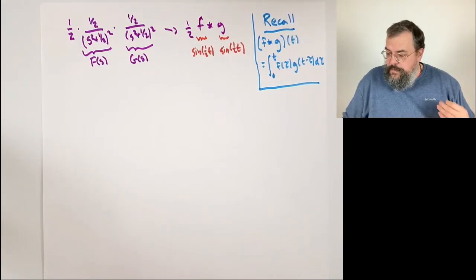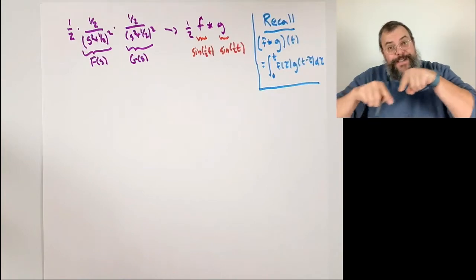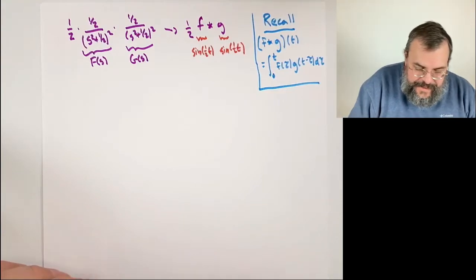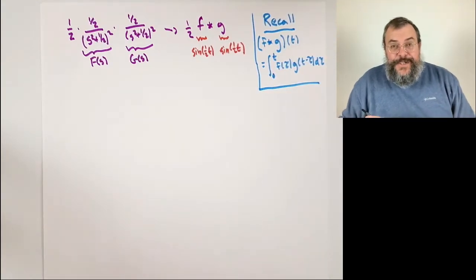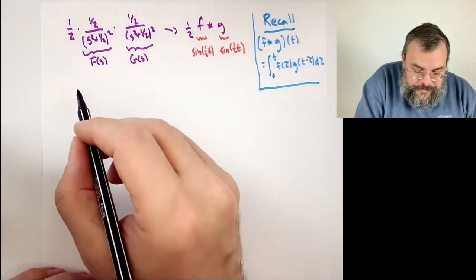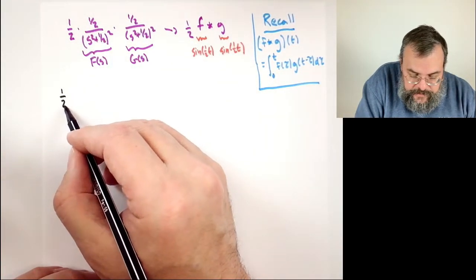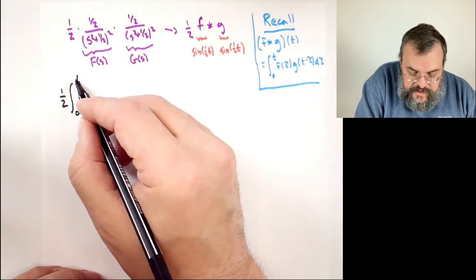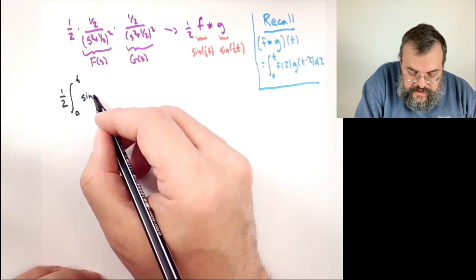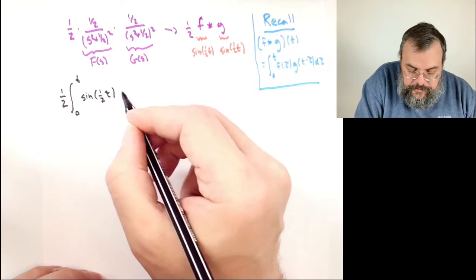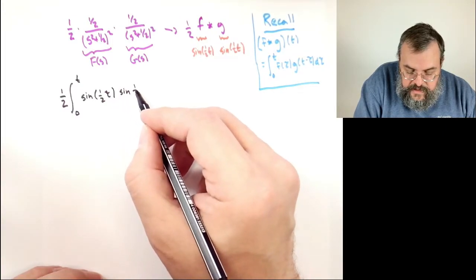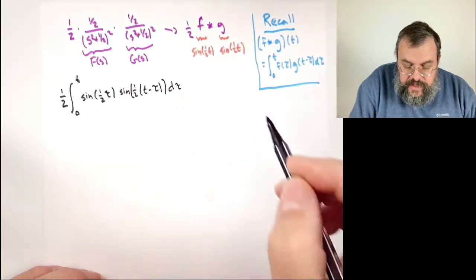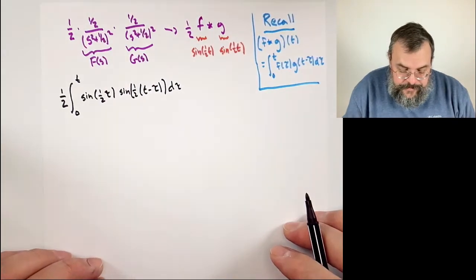So let's be patient and feel free to skip forward about 20 minutes from the following computation, because we're going to just jump back into the previous computation and go from there. So we have 1/2, which is our constant in front, times the integral from 0 to t of sine 1/2 tau times sine 1/2 t minus tau d tau. So that's our computation that we need to carry out.